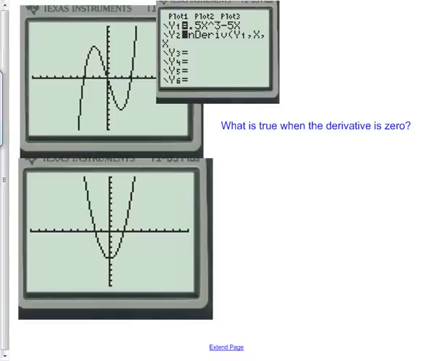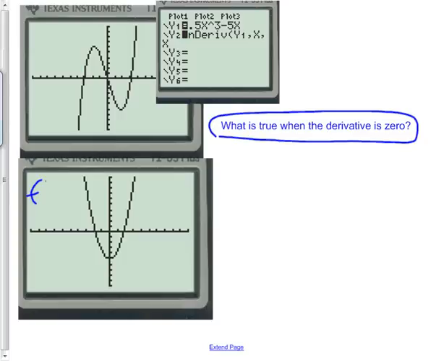Okay, what is true when the derivative is 0? So we're looking at the same function, the same derivative. Once again, this is the derivative function. Here's the function itself. And here's when the function is 0.